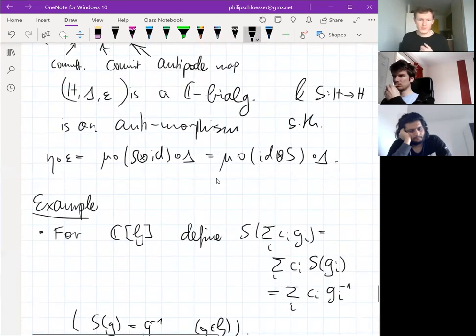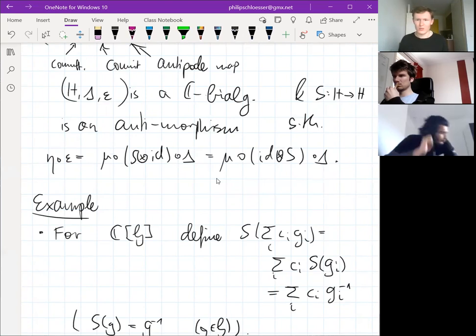And then basically this law here translates just to the fact that it's the inverse with respect to the co-multiplication.